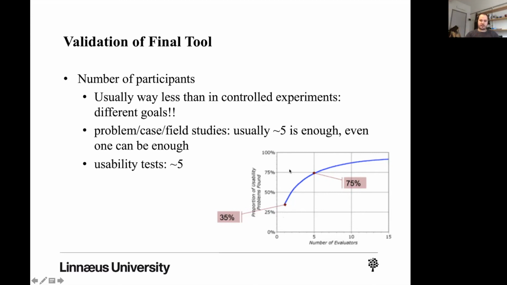I don't know exactly how they measure this, but probably they had some kind of a tool where they knew the usability problems that were expected to be found, and with one person they found 35%, and as they get to 5 they already have 75%, and then the curve flattens out after a while. So it's not like you get a lot of benefit from having lots of people evaluating your tool, right? As you would in an experiment.